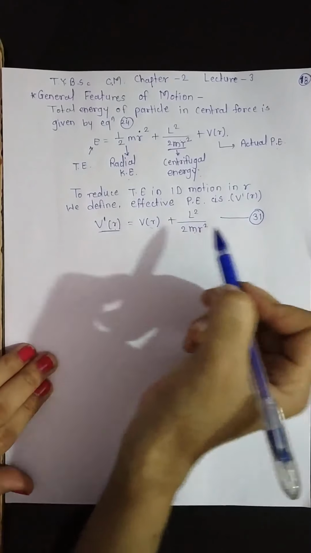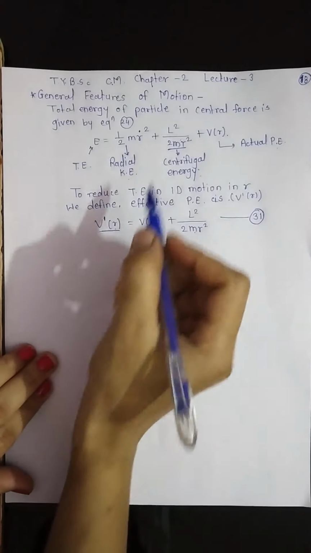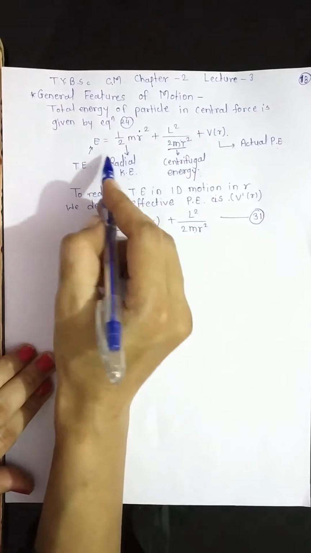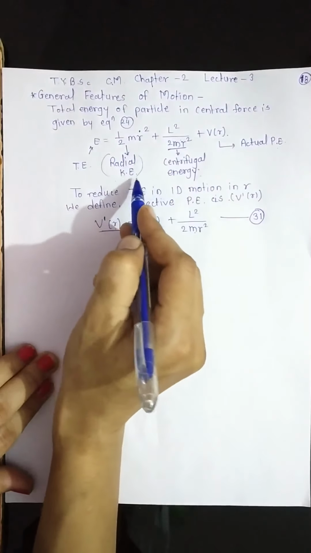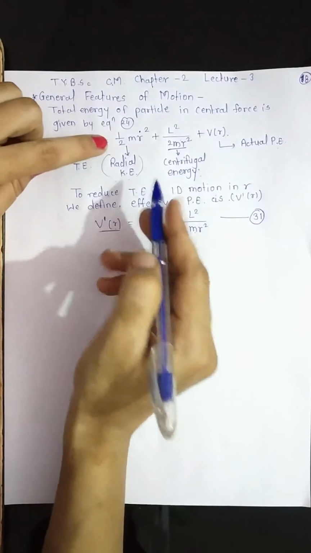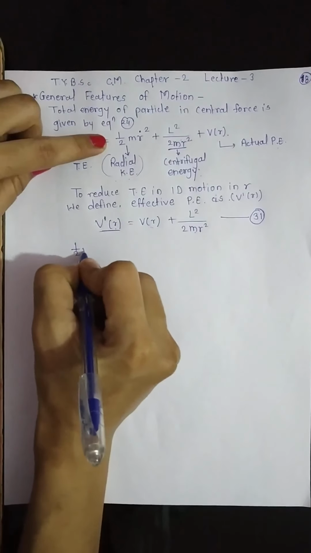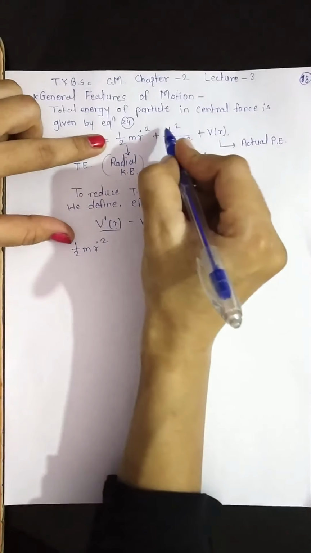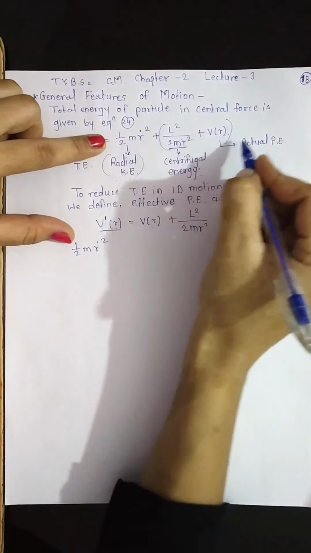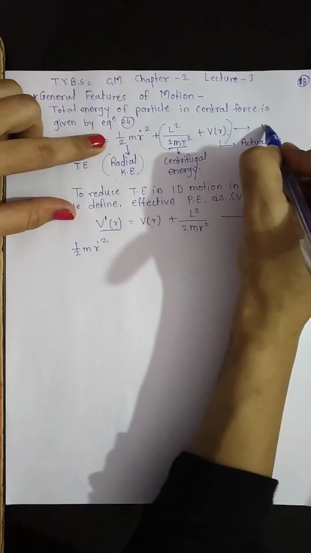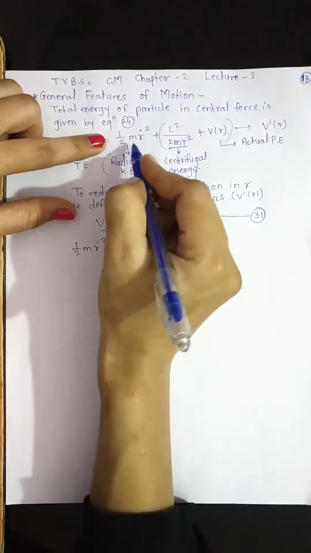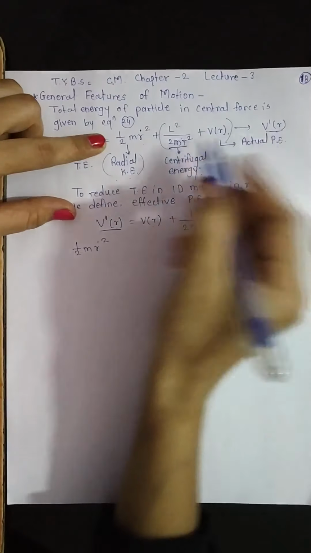Now, by using this effective potential energy in the equation of total energy, we will find the radial kinetic energy. That means I have to find half m r dot square. So instead of these two terms, I will put here V dash of R, that is effective potential energy, and I will take this term on the LHS.